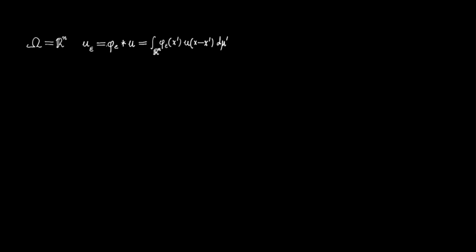There are many choices for this function phi epsilon, all of them having to satisfy the condition that its integral is equal to 1. But the standard mollifier, which is arguably the simplest one, is constructed as an exponential function.